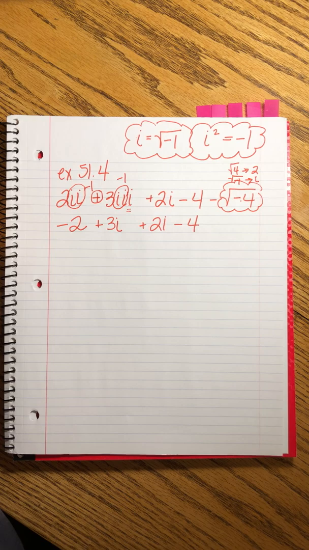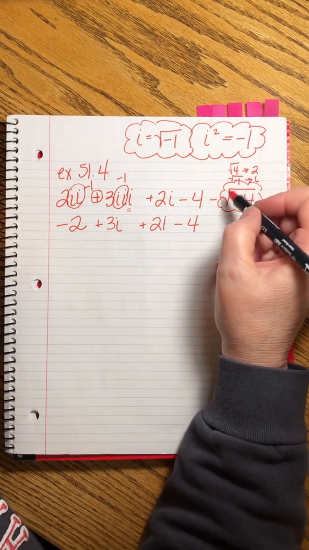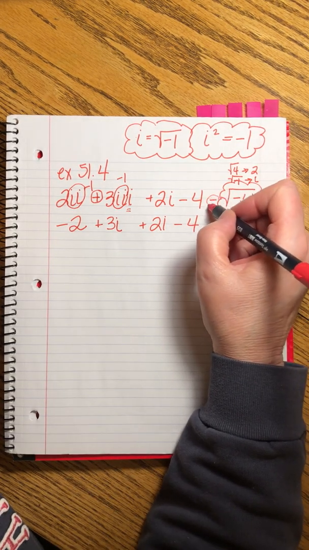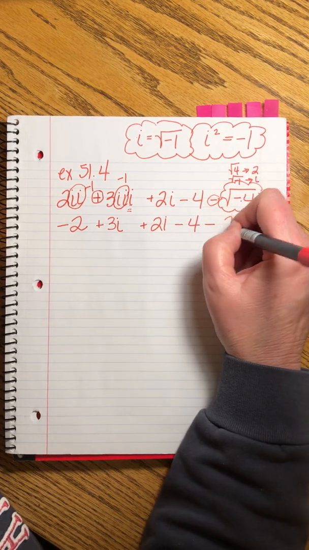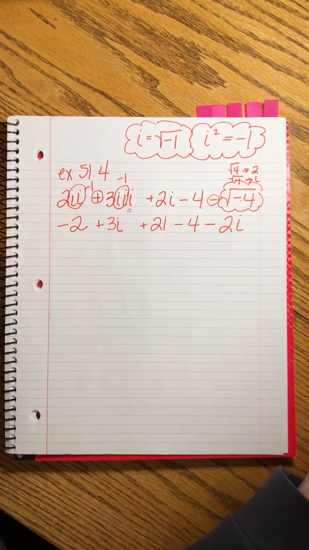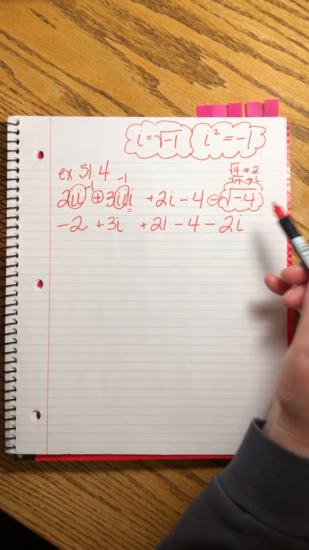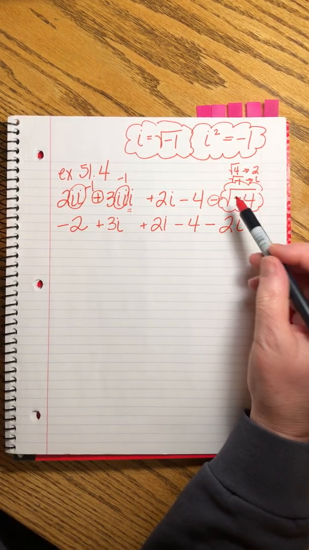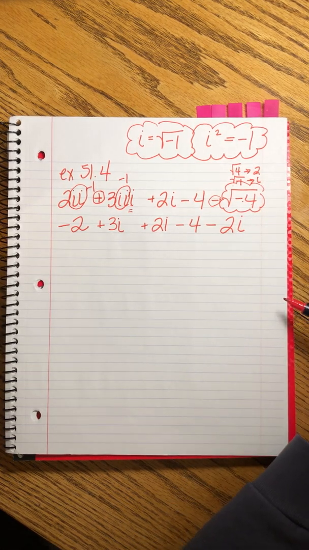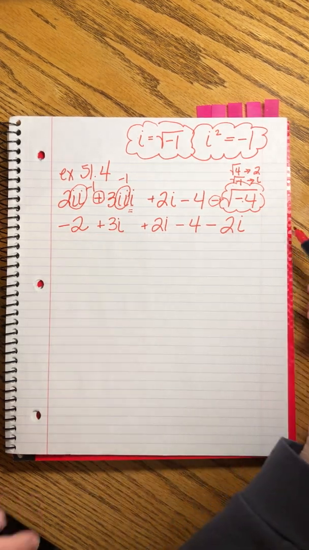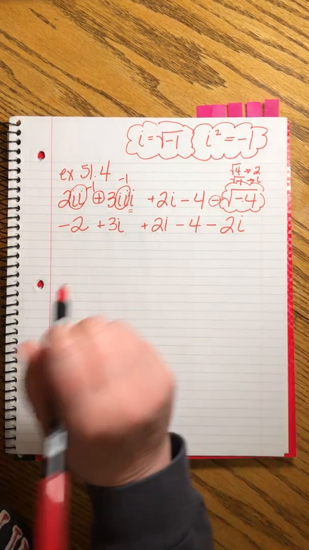So this is going to become a minus, that stays the same, 2i. See how I took care of each part separately? The square root of 4 is the 2. The negative 1 becomes the i. All right, now we have cleaned all of this up.